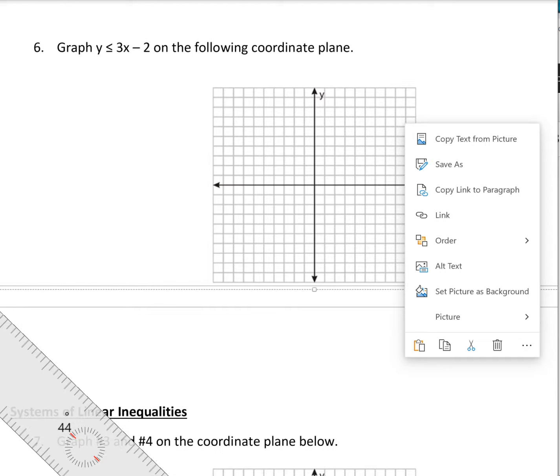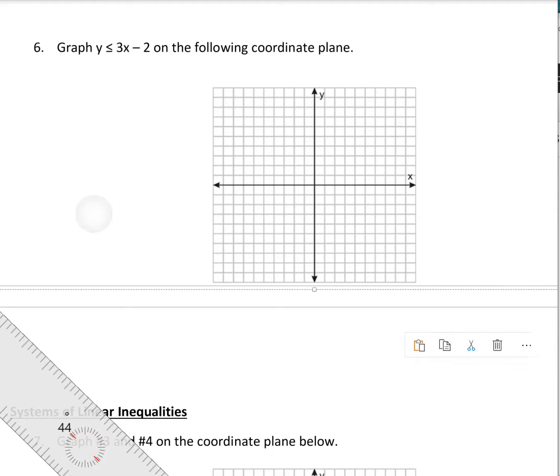For 6, I'm going to start at negative 2. And I'm going to go up 3 over 1, up 3 over 1. Remember, I'm getting that up 3 over 1 from my m. And I'm always going to go in reverse, down 3 over 1, down 3 over 1.